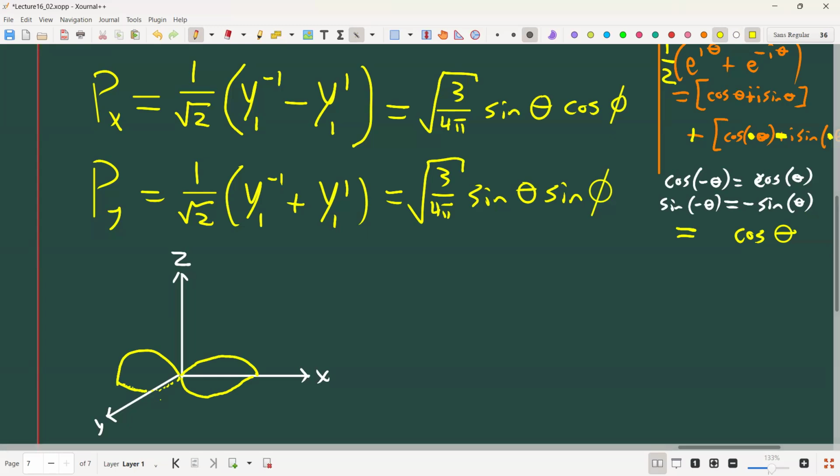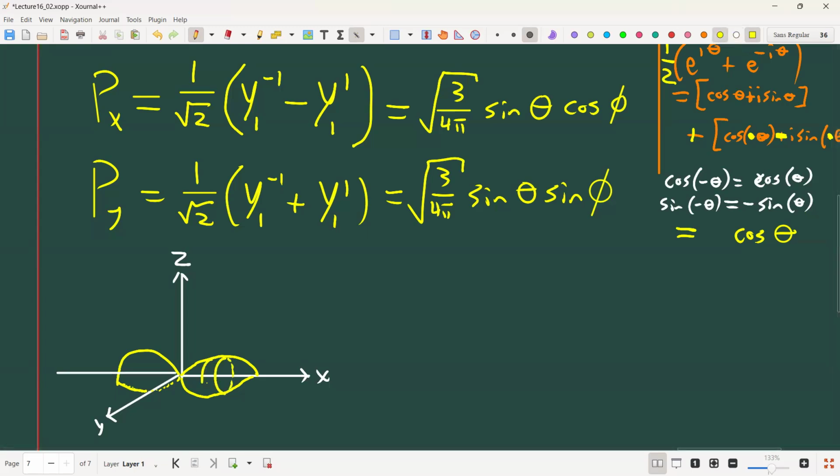Then we have cosine of phi. Cosine of phi is a maximum where phi is 0 or phi is pi. That's x equals 0 or x equals minus x. So this function lies along the x-axis. So this is our px orbital.